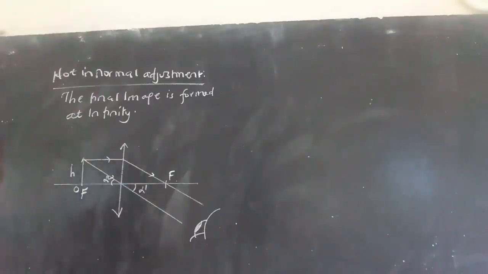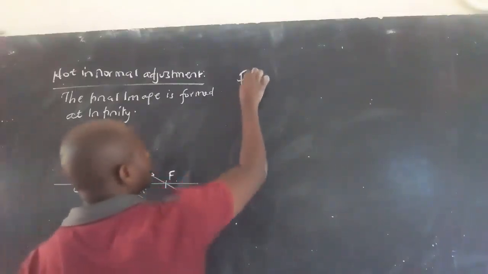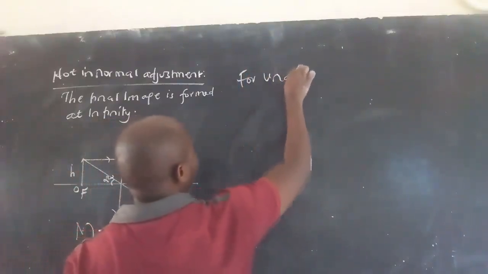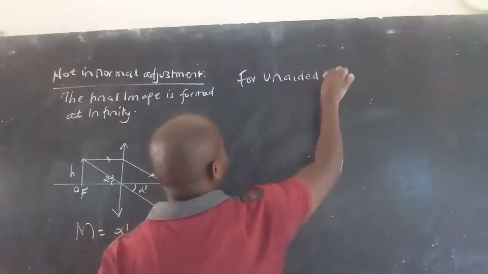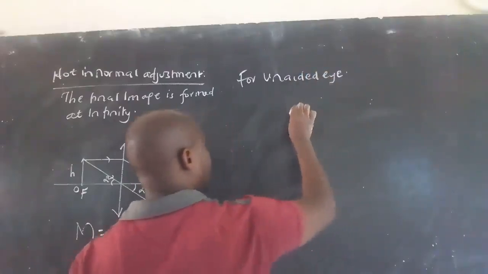So we shall say that magnifying power is equal to alpha prime over alpha. Then for the unaided eye, we shall have this.